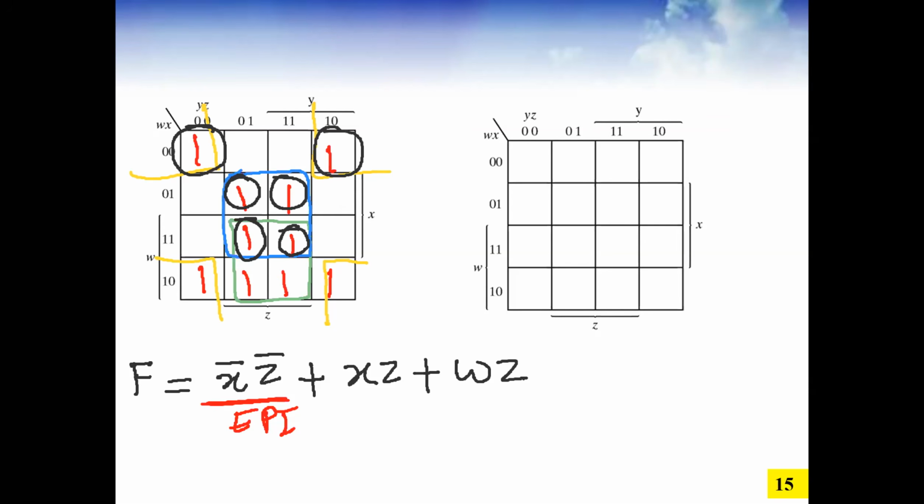Now check for the green color, girls. So for the green color, just please see. Here, if you take this minterm, can you combine this minterm any other way with the below two minterms? Yes. Which way is that? The last row.